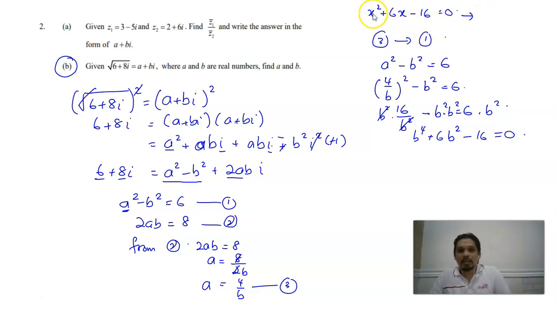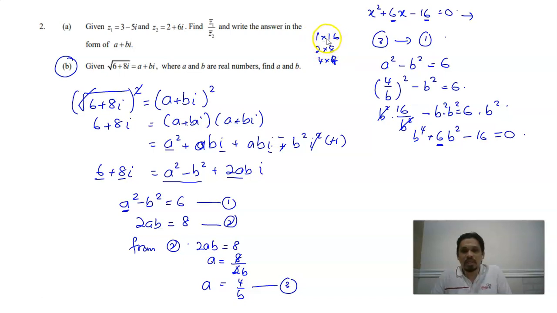Okay, x squared compares with b power 4, x compares with b squared here. So then 16 is 1 times 16, 2 times 8, 4 times 4. Okay, so then the difference here is 6.